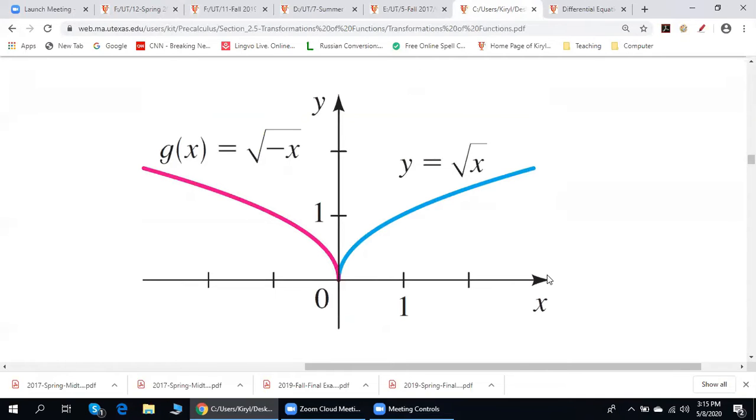Let us consider a new function, the graph of which is the following. On the right-hand side, the graph of our new function coincides with the graph of our originally given function f of x.